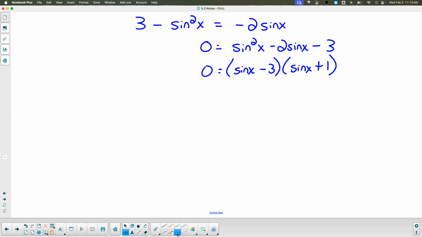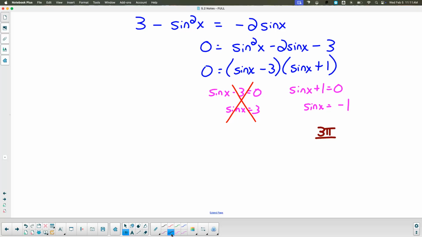Then I can set those factors equal to 0 and solve. So I get sine of x equals 3, and sine of x equals negative 1. Sine of x equals 3 doesn't work, it can't happen, it's got to be between negative 1 and positive 1. That one goes away. Sine of x equaling negative 1 gives 3 pi over 2. So 3 pi over 2 is my only answer.